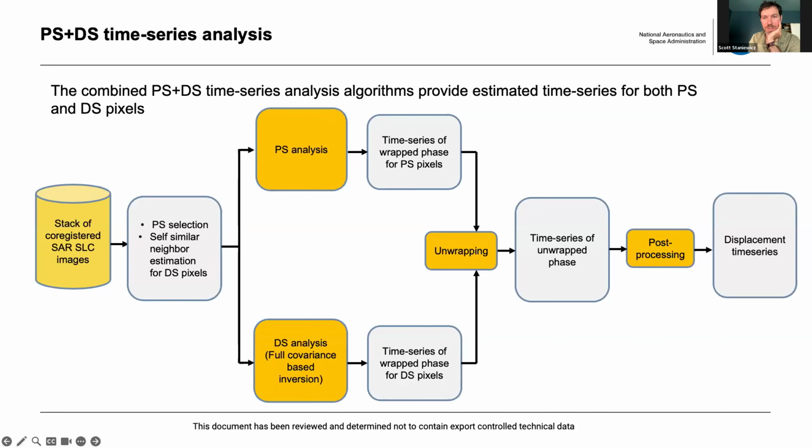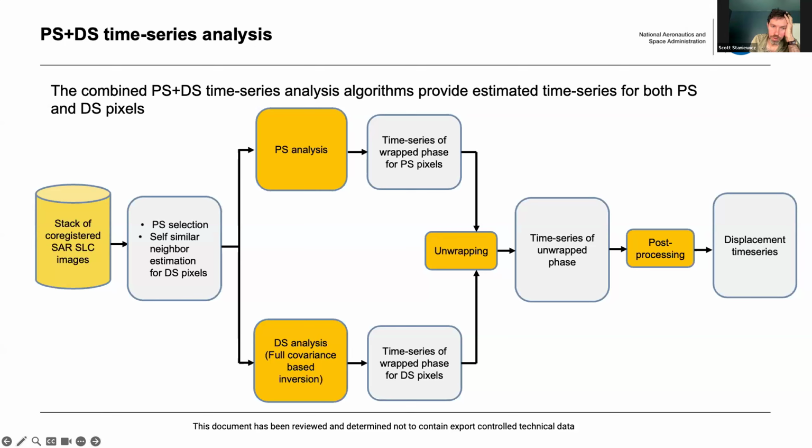And the other thing I wanted to touch on, because I think it was on the syllabus, is that if you've heard of PS-DS hybrid techniques, really that is just literally running both versions of this. And so Dolphin has this where the first step is to do an amplitude analysis, and then you pick out a very sparse subset of PS pixels, and those phases you're going to set aside.